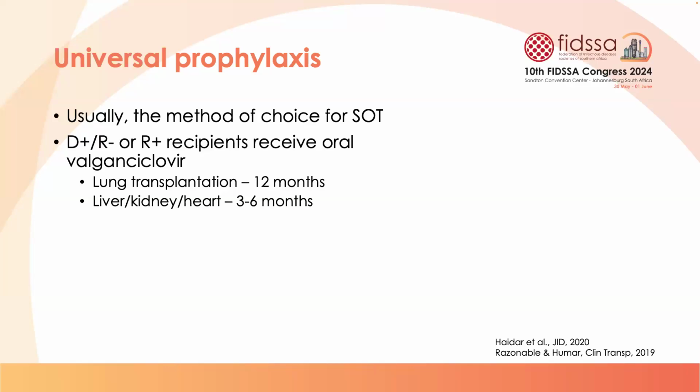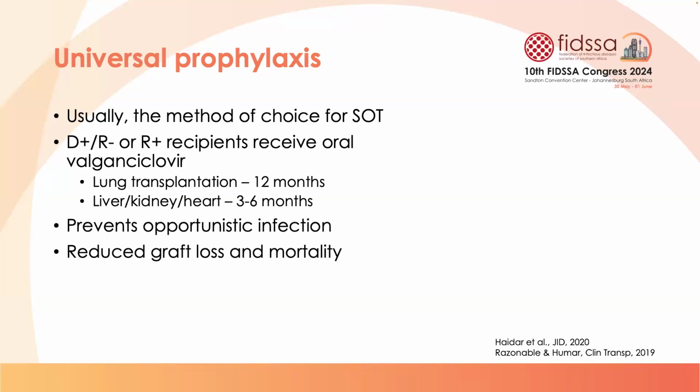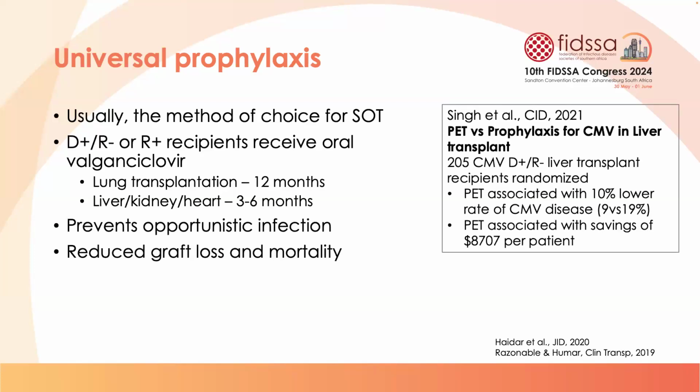This is generally given regardless, and in these cases, unless there's clinical evidence of CMV disease, it would be unnecessary to monitor, say, a CMV viral load. The benefit is it does prevent opportunistic infection, because drugs like valganciclovir are relatively broad and cover some other herpes viruses, and it is associated with reduced graft loss and mortality.